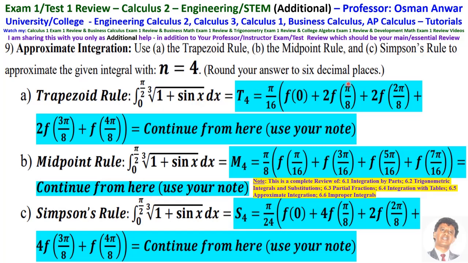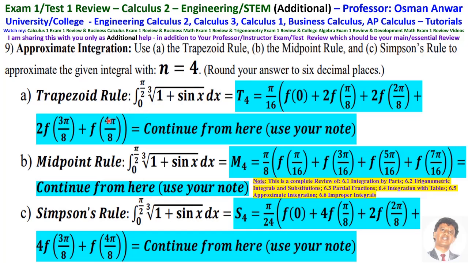Then pi over 8, sine pi over 8 plus 1, you take cubic root of that and multiply it by 2. So this is 2 pi over 8, sine pi over 4 plus 1, take cubic root of that and multiply it by 2. Then take sine 3 pi over 8 plus 1, take cubic root of that and multiply it by 2.